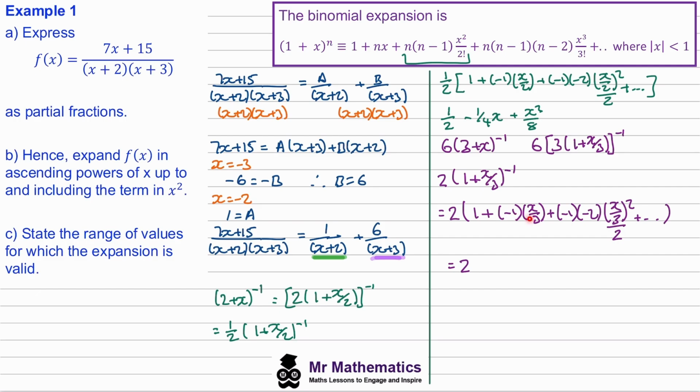The negative 1/3 times the 2 will give us negative 2/3 x. Again, this positive 2 will cancel with this one, so we'll get x squared over 9, which will multiply by 2, and we'll get 2 over 9 x squared. And this is the expansion for our purple fraction. So now we just need to add these two together.